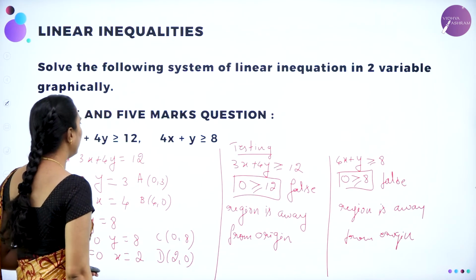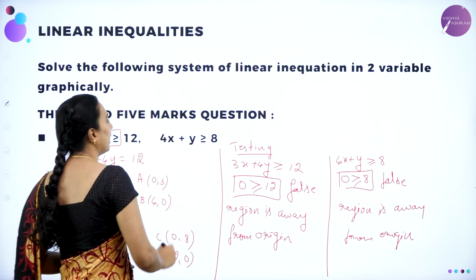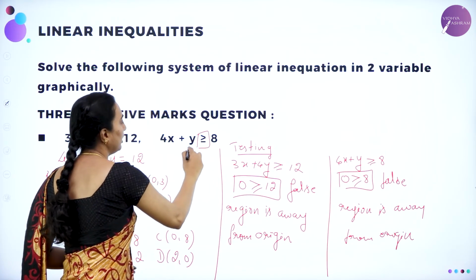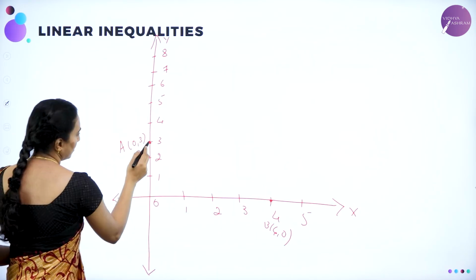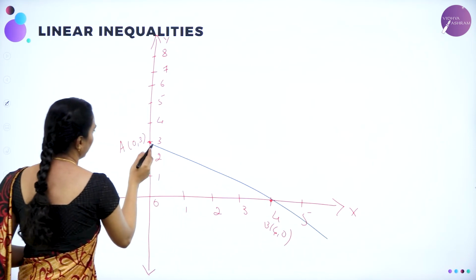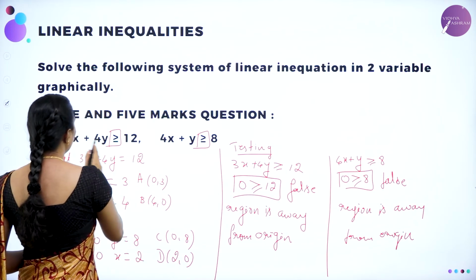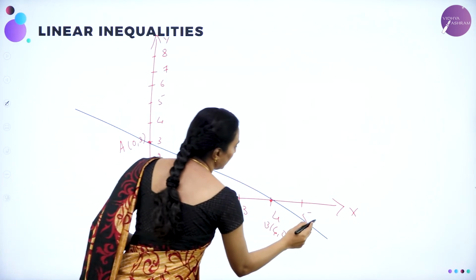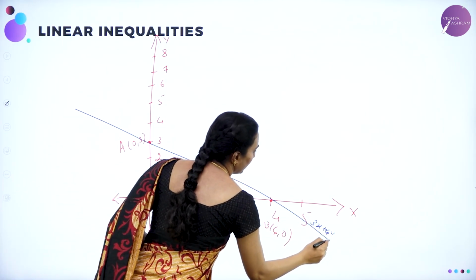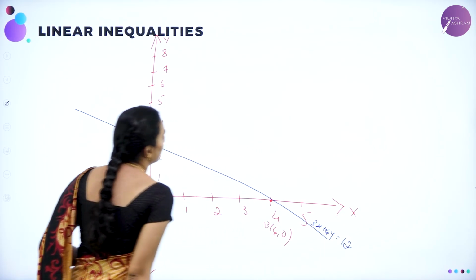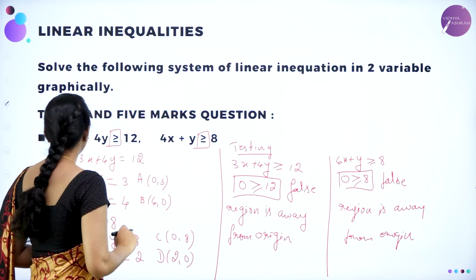Let us join these points through a solid line because they have given a slack inequality, in both the lines also solid only. Now let us write the equation on that line, which is 3x plus 4y is equal to 12. Next, let us mark the points.